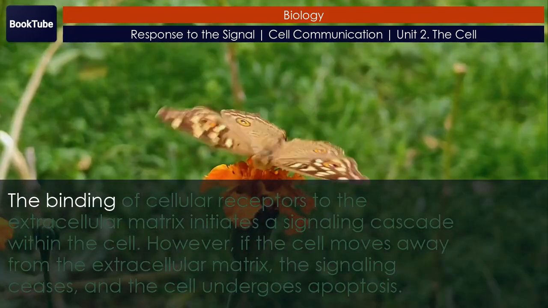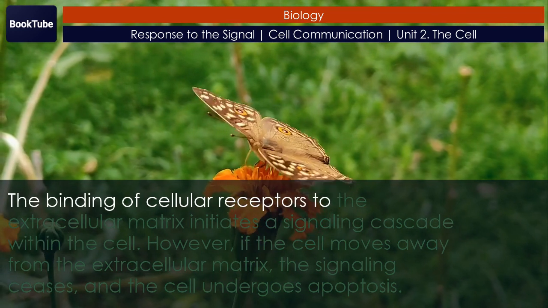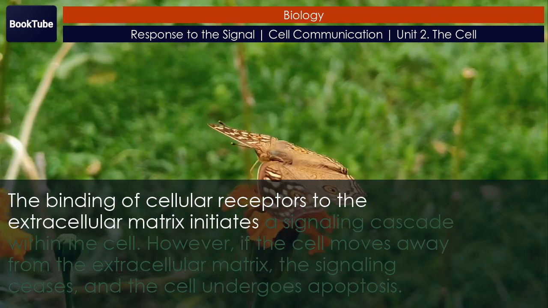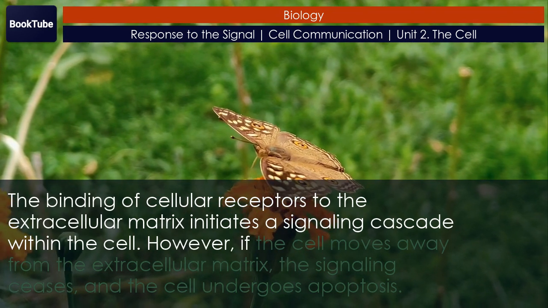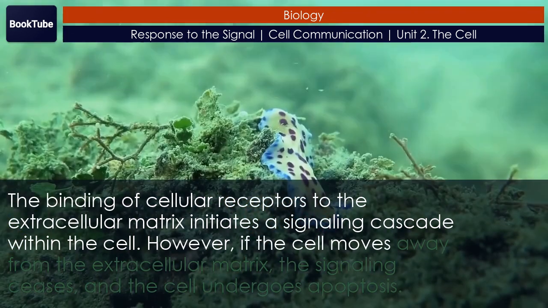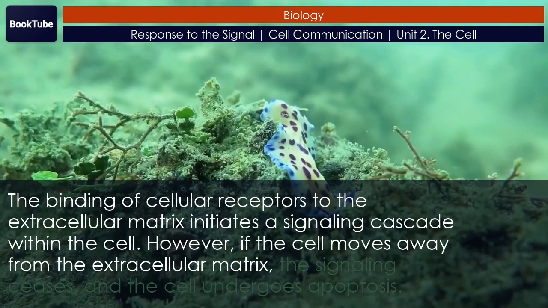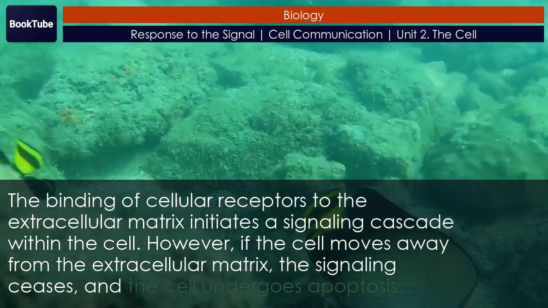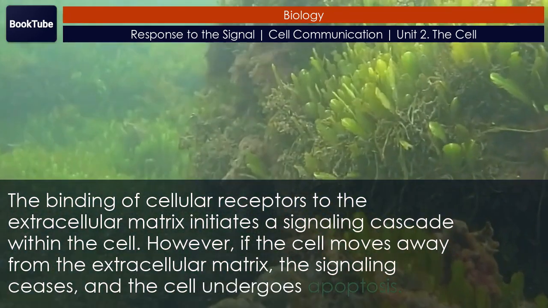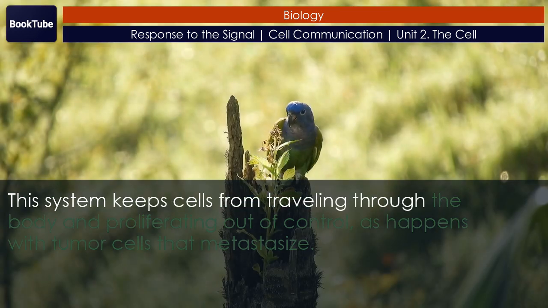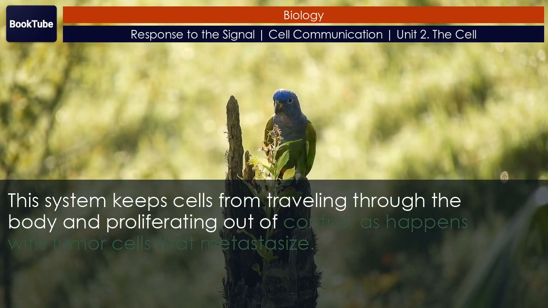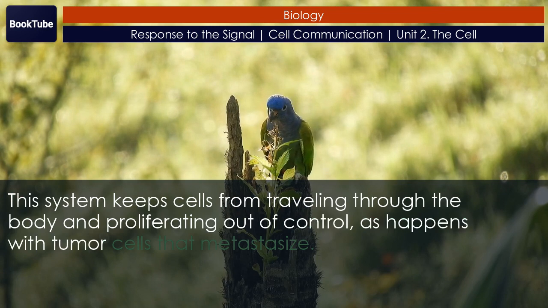The binding of cellular receptors to the extracellular matrix initiates a signaling cascade within the cell. However, if the cell moves away from the extracellular matrix, the signaling ceases, and the cell undergoes apoptosis.